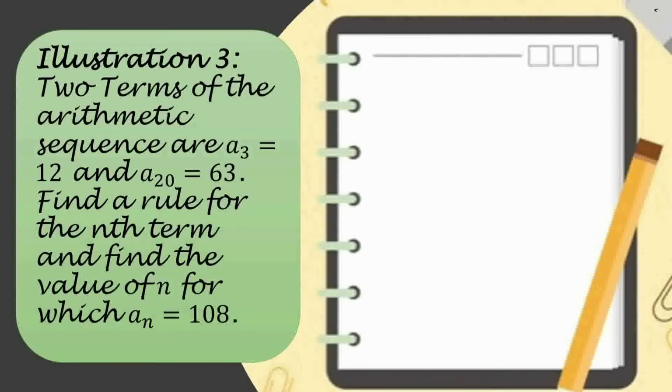So yung a sub n natin, which is a sub 20 muna, 63 is equal to a sub 1 plus yung n, so 20 yung n niya, minus 1, so magiging 19 times yung d. And then a sub 3, which is 12, is equal to a sub 1 plus yung n niya is 3, minus 1 is 2d.